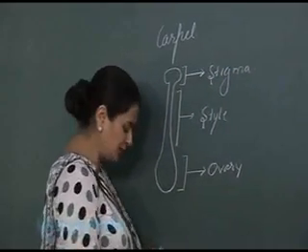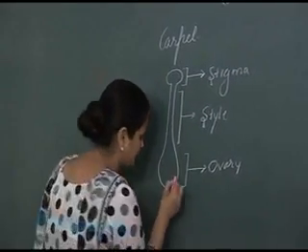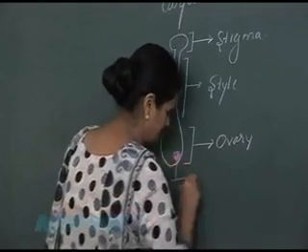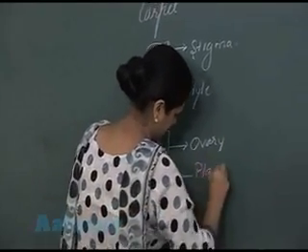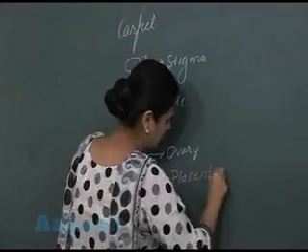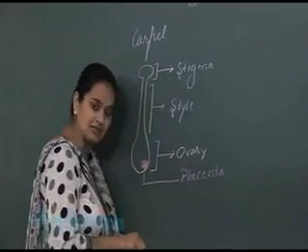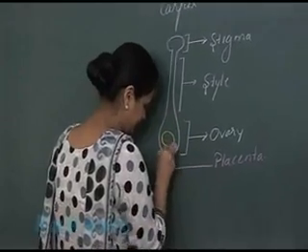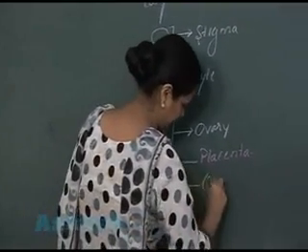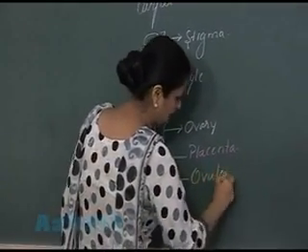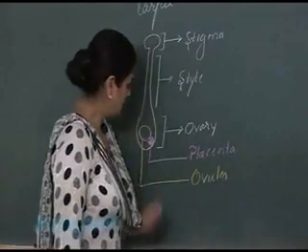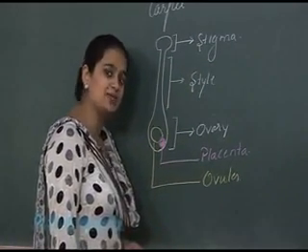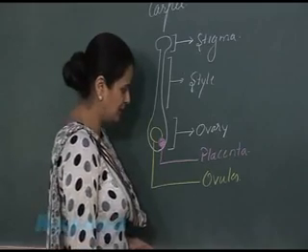Now, in the ovary, there is nutritive tissue, that is placenta. Over the placenta, there are ovules. And you know that after fertilization, these ovules will be converted into seeds.